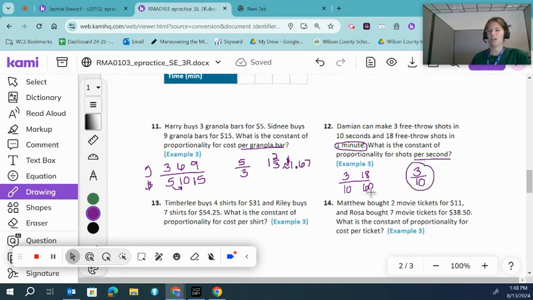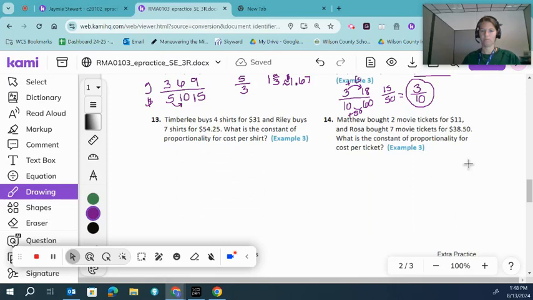So your constant of proportionality is 3 tenths. You can also see 3 to 18, your increase is 15, and over 50, and that simplifies to 3 tenths as well.